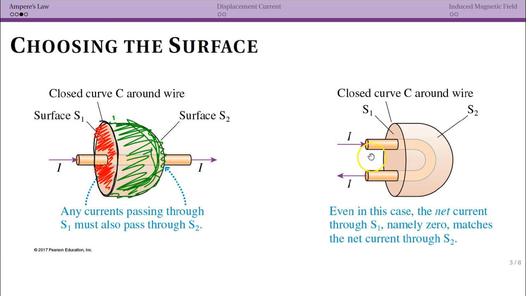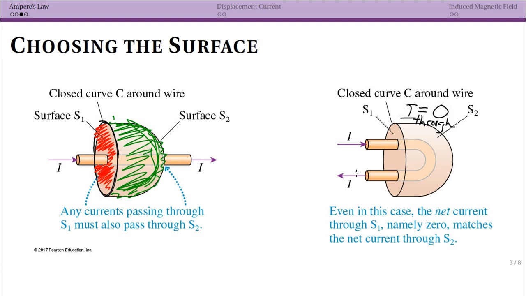We can imagine another scenario where the wire goes and turns around. Now in this case, no current goes through surface 2. But if you look at surface 1, you have a current in and a current out. Remember that current is always conserved, so I in equals I out. So in both of these cases, I total equals 0. We call this I through.